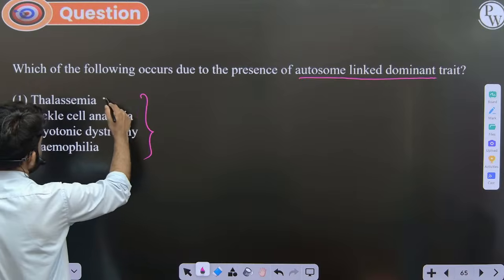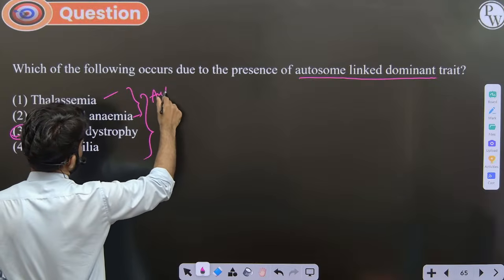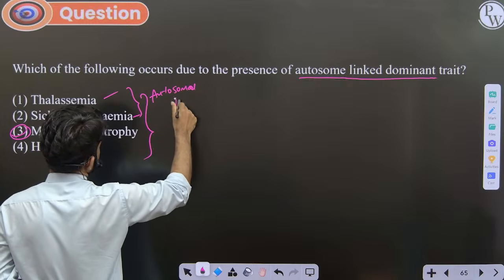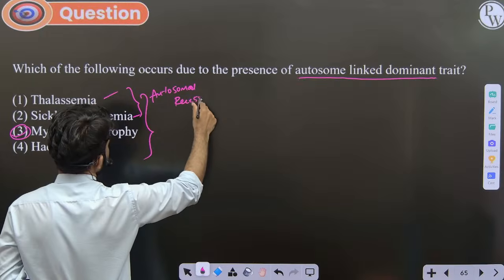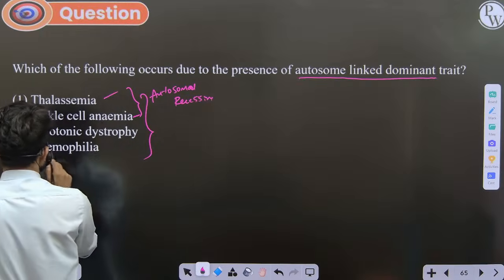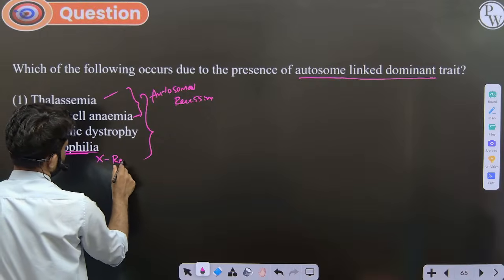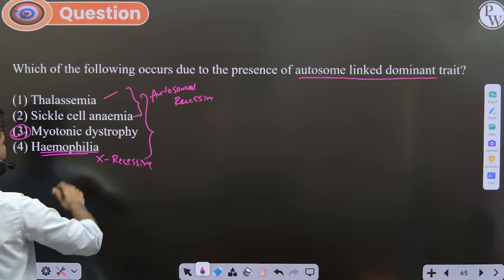Thalassemia and sickle cell anemia are examples of autosomal recessive disorder. Hemophilia and color blindness are examples of X-linked disorders. So myotonic dystrophy is the only answer.